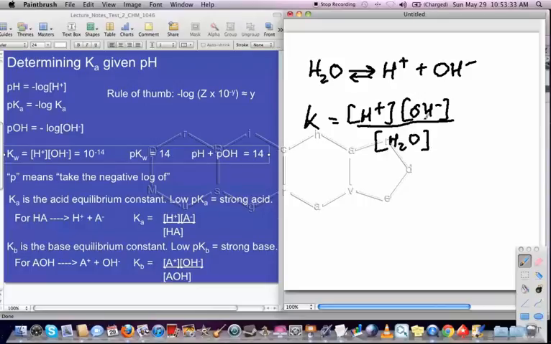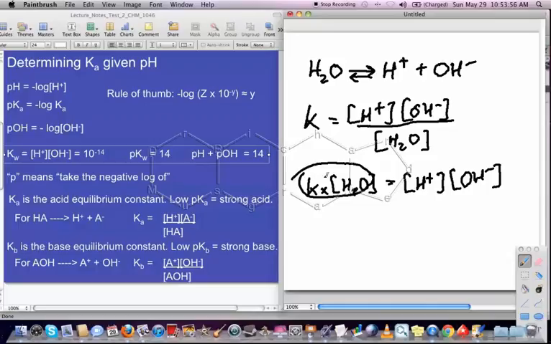In a solution like this, though, since the dissociation amount is so small, we can assume that the concentration of water really isn't going to change. So we can combine it with the K up here as a constant value, because it's not going to change. And we call this entire thing here Kw. So Kw equals that.